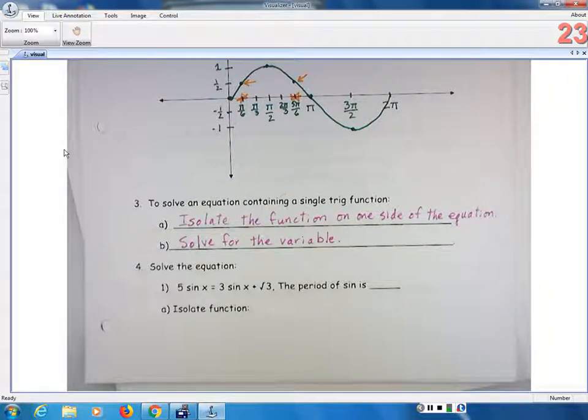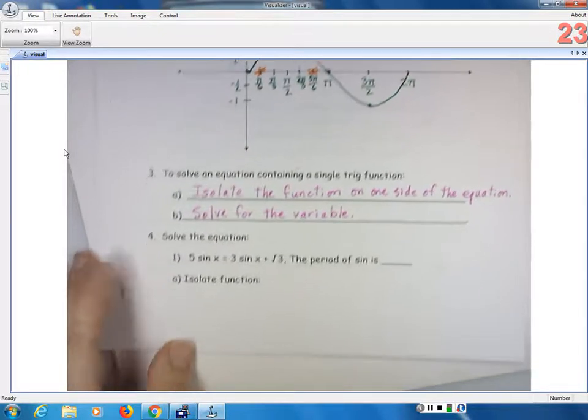Okay, so here's an example. We're going to solve this equation.